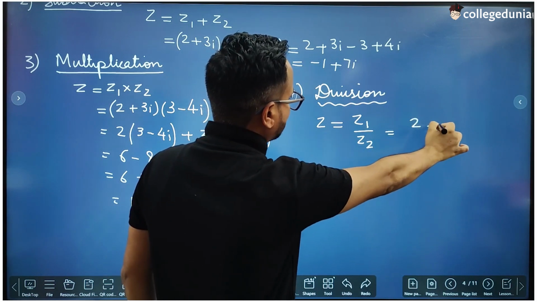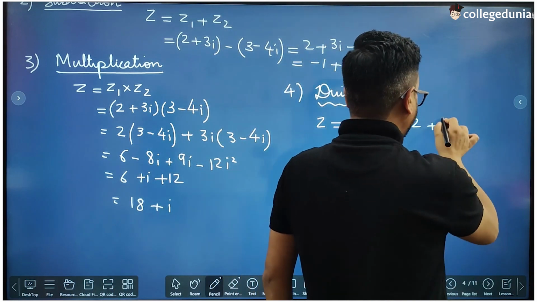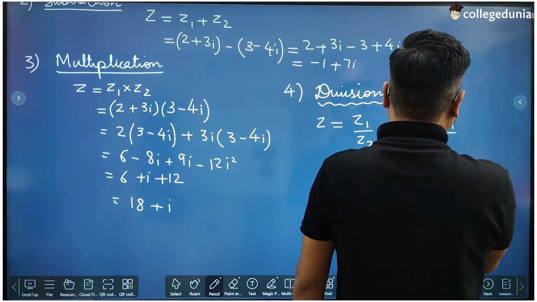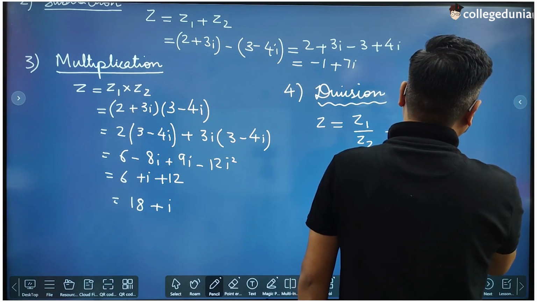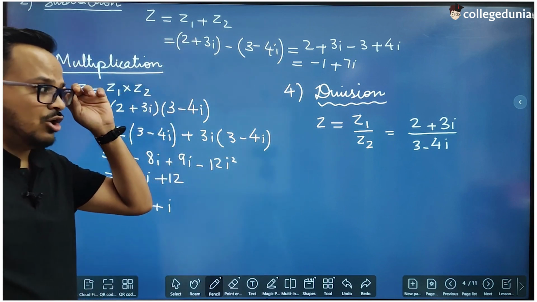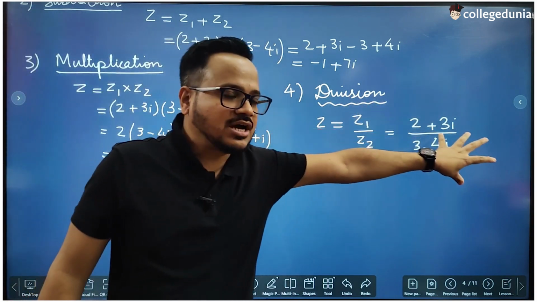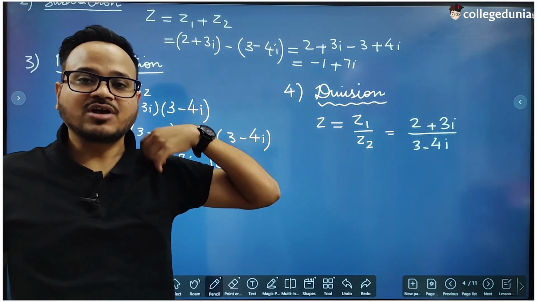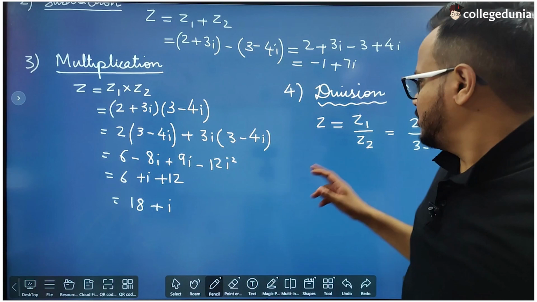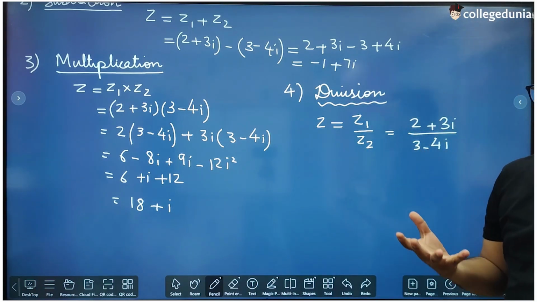So this is 2 plus 3i divided by 3 minus 4i, right? So this is the complex number which will come after division. So you can say the answer is complete in this form also, but we will not leave the answer in this form, because we know that the division of two complex numbers is going to give us a complex number.